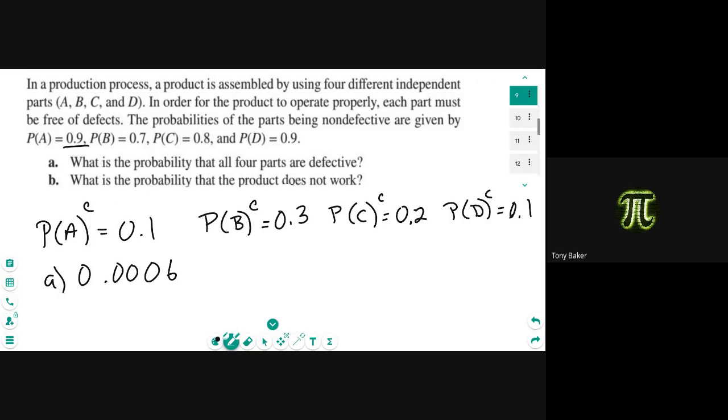All right. If any one part breaks, the product doesn't work. So what is the probability that the product does not work?